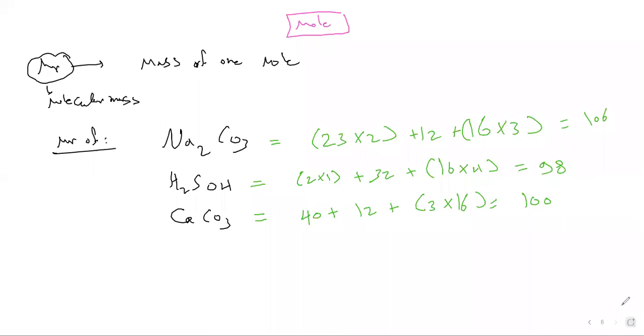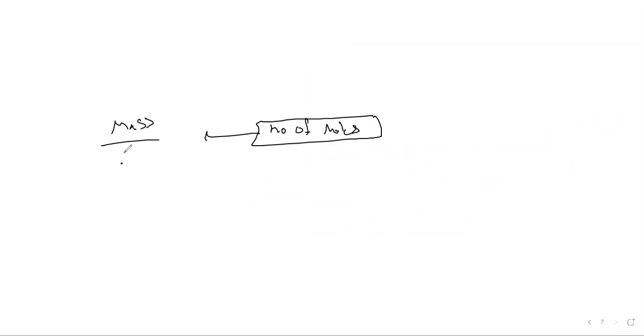After that, you must know how to calculate the number of moles. Number of moles is equal to mass over molar mass, in the case of a solid. Concentration multiplied by volume in decimeter cubed, in the case of a liquid.